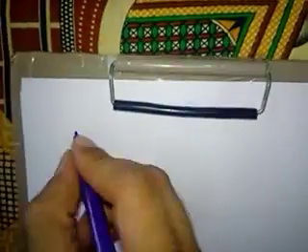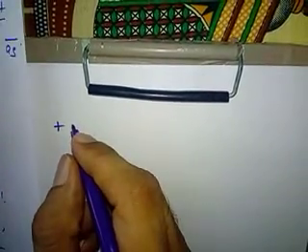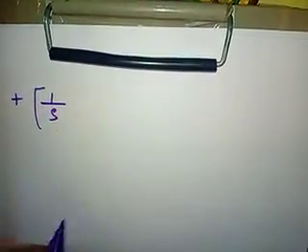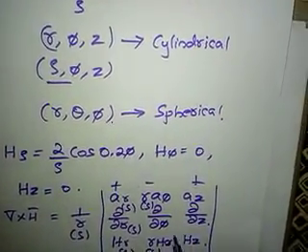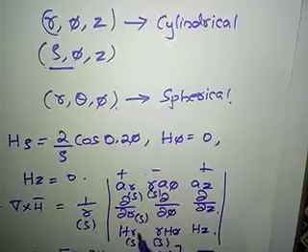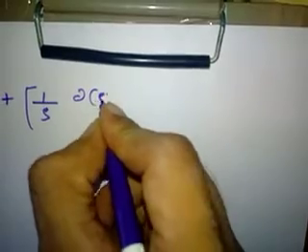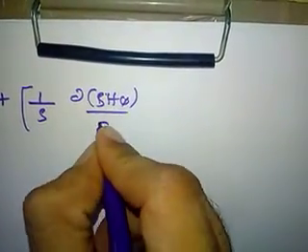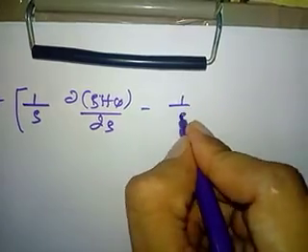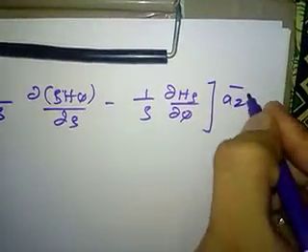Plus we have 1 by rho, this row goes, this column goes, so it is 1 by rho into this into this minus this into this, so 1 upon rho into dou rho H phi by dou rho minus 1 upon rho dou H rho by dou phi into a z bar.